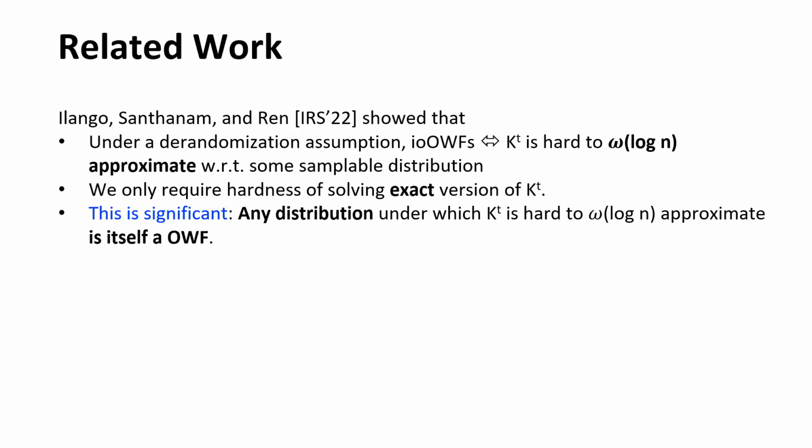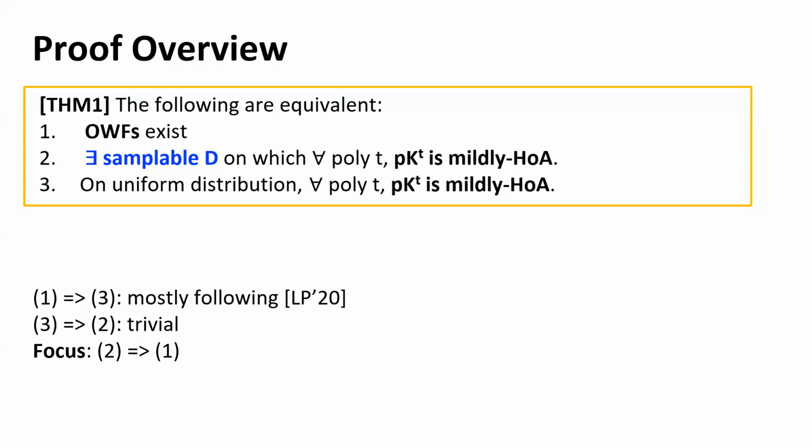And as we have seen before, the approximation version and the computing version are quite different. In fact, any distribution under which KT is hard to omega log n approximate is itself a one-way function. So their result doesn't show new insights into how we can build a one-way function from scratch. All right, so let me take a look at our proof.